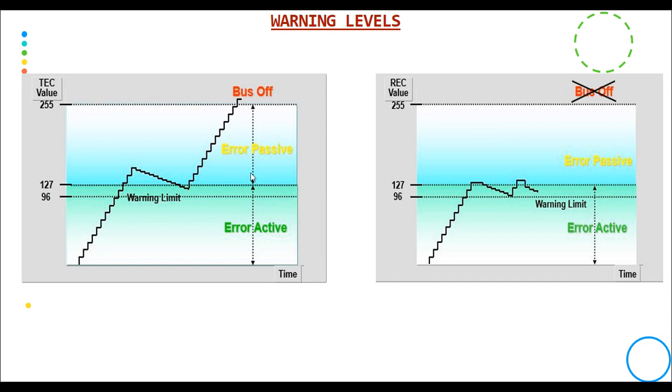If it crosses 127, the node will be in error passive state. If the TEC value is greater than 255, it will be in bus off state. So in this case, we don't consider the REC counter for bus off state, but we consider the REC value for error passive state and error active state, and also for warning.